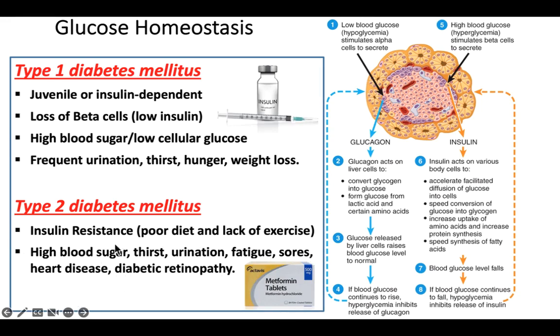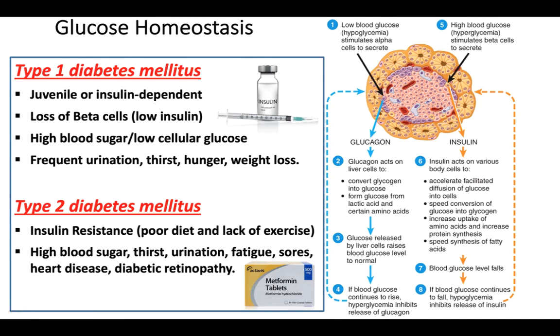The eyes can be affected, called diabetic retinopathy. One of the treatments is metformin. Metformin actually targets the liver. It controls how much glucose the liver releases into the bloodstream, so that can help lower blood sugar levels. But really, the most important thing is diet modification. Try to start changing your diet and exercising more.